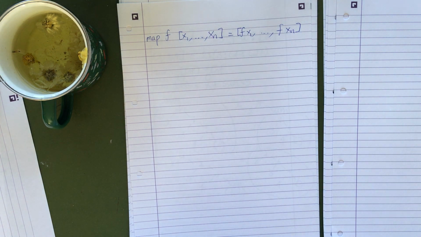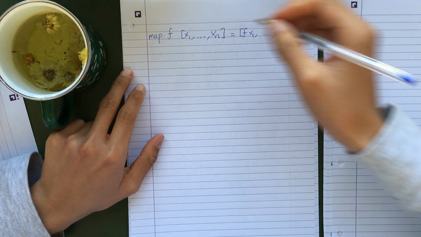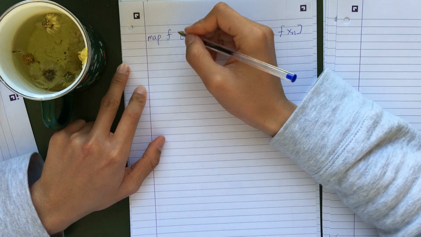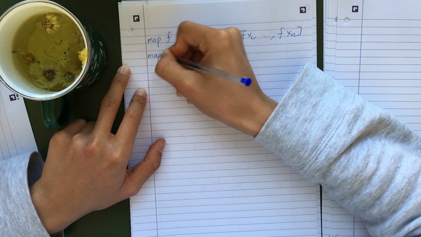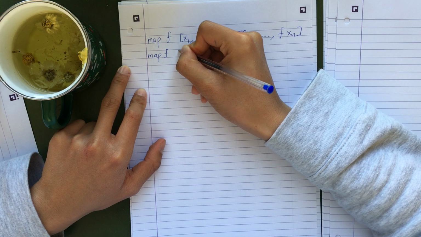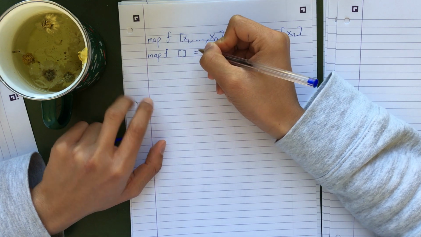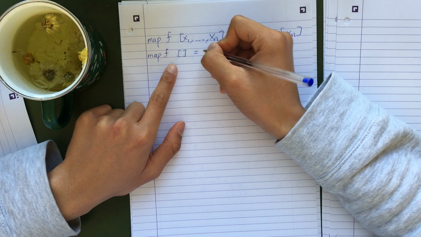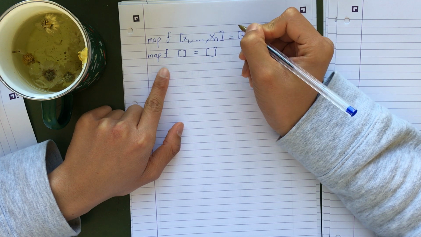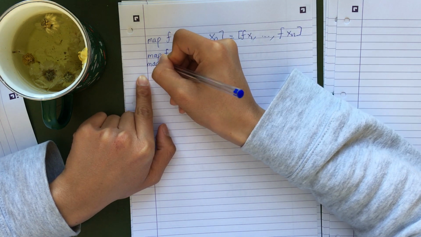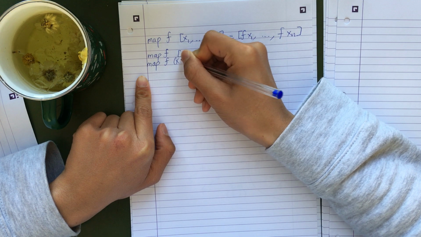It's very useful. Shows up all over the place. Well, let's try to write it. So map f of an empty list. You've got nothing to do, so you do nothing. Map f of a non-empty list.